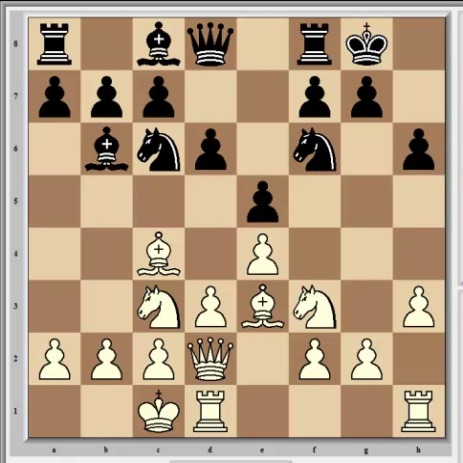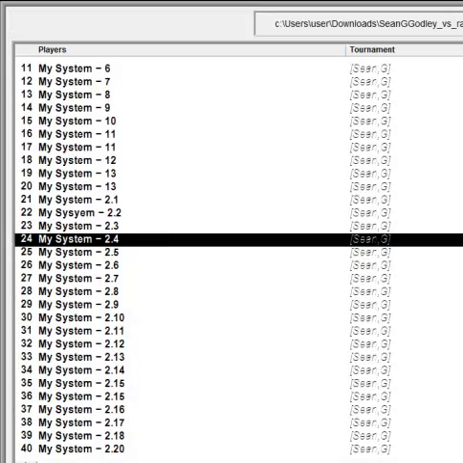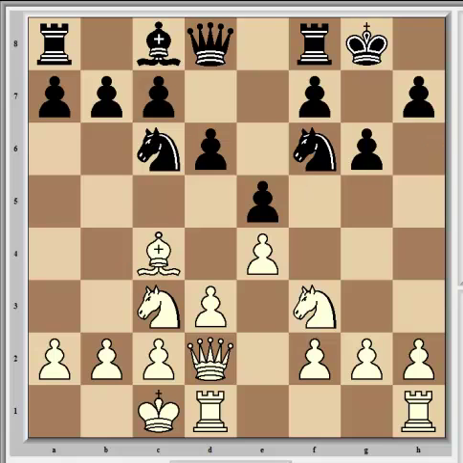So now let's say that instead of h6 Black had played g6. Same position, and we've removed the dark squared bishops from the board as well, just to make it a bit easier. And Black has played g6 instead of h6. So now g6 becomes the target to be attacked, and the h file becomes the one to open.